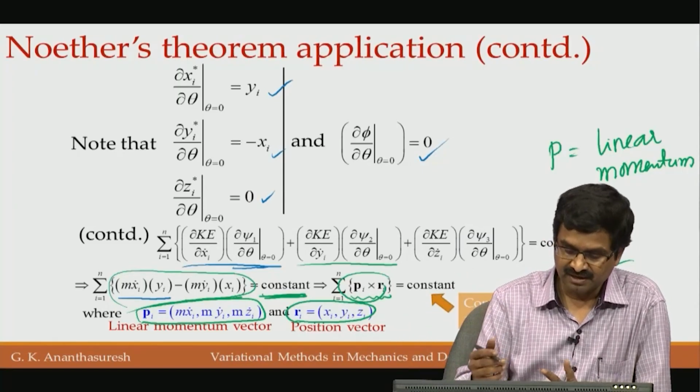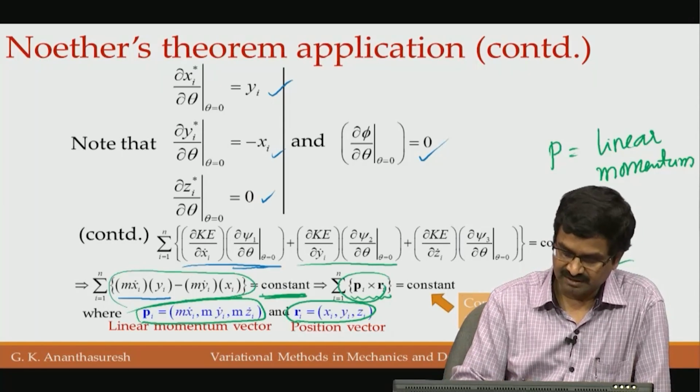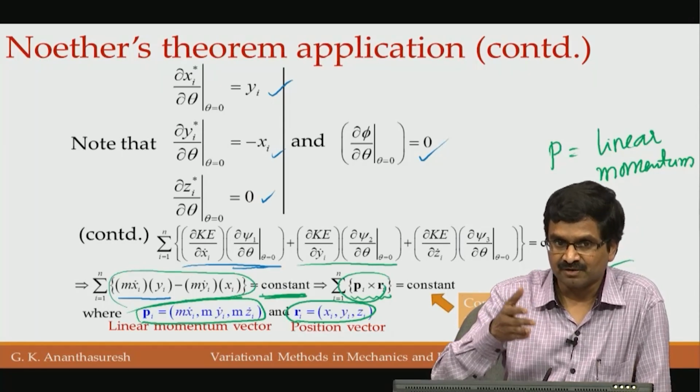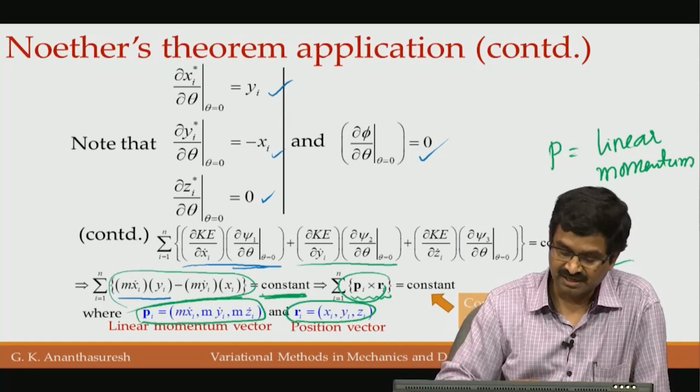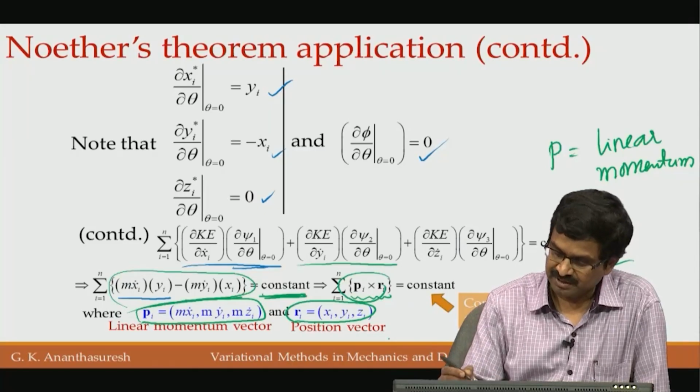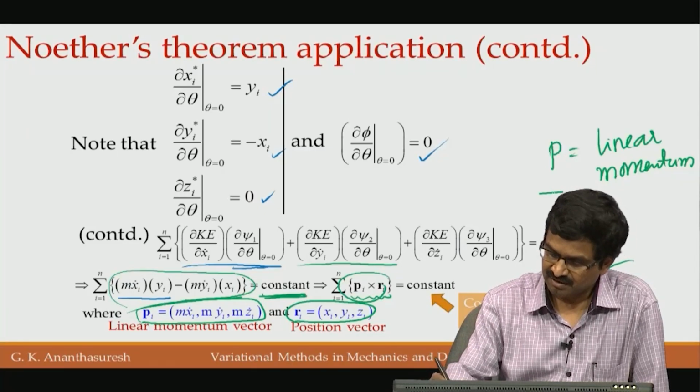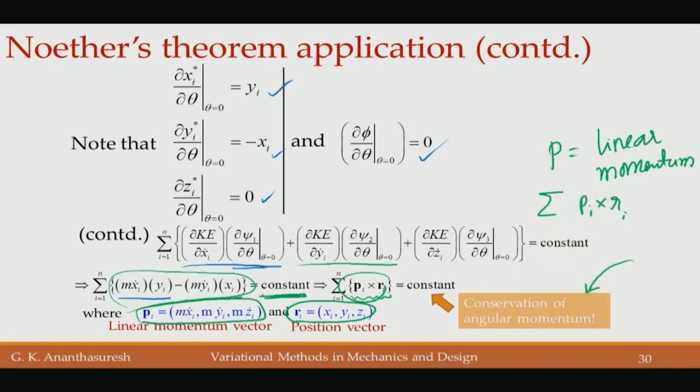When we work it out, the expression in Noether's theorem says something will be constant. That something turns out to be the summation of P cross R, where P is the linear momentum and P cross R is the angular momentum, for all the particles 1 to n.